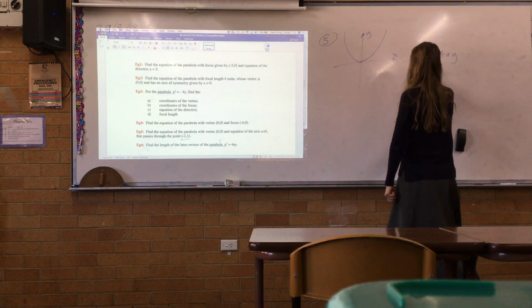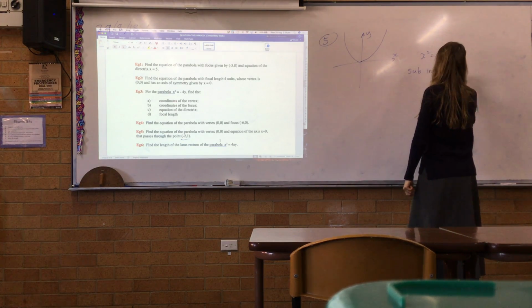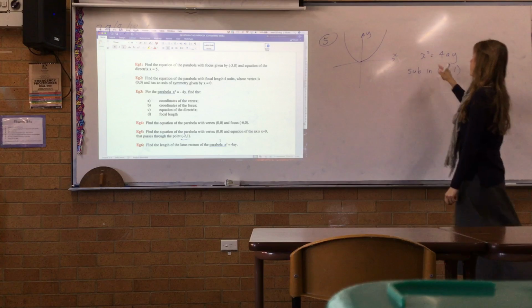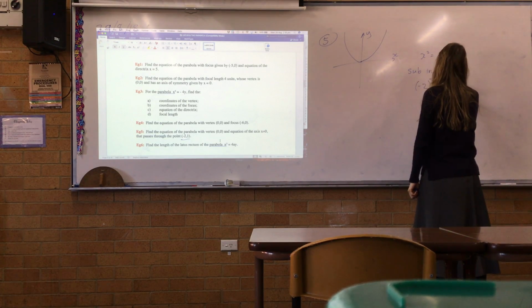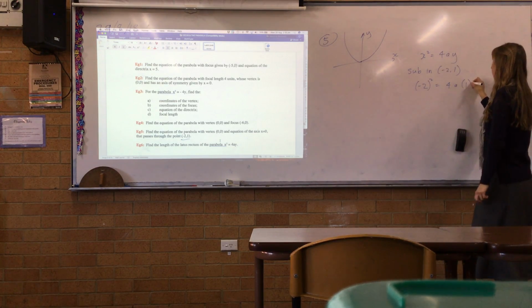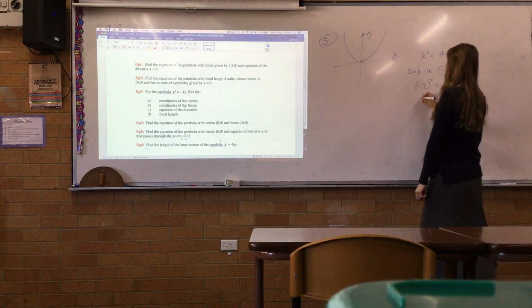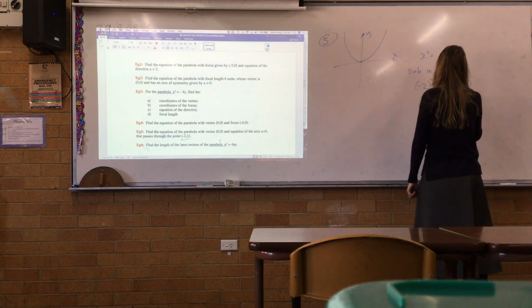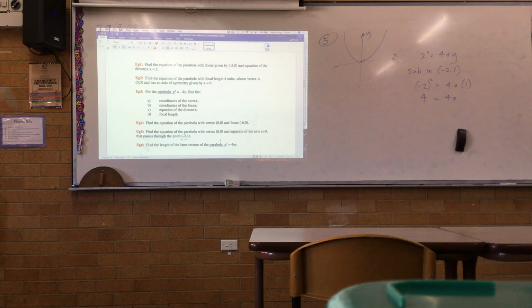So now let's sub in negative 2, 1. Well, negative 2 is the x, so we have negative 2 squared equals 4 times a. We don't know a yet, but that's okay. We know that y is 1. Negative 2 squared is 4. 4 times 1 is 4. So we have 4 equals 4a. What is a?